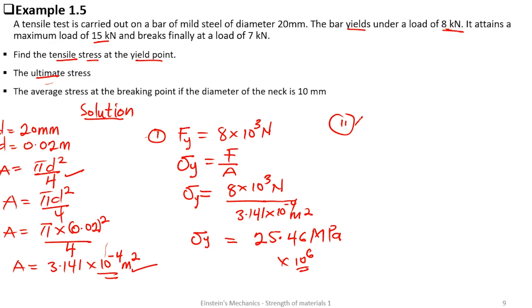So at the ultimate, the force was 15 kilonewtons, the same area.